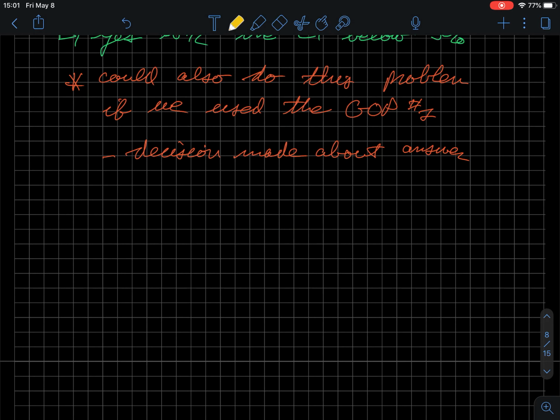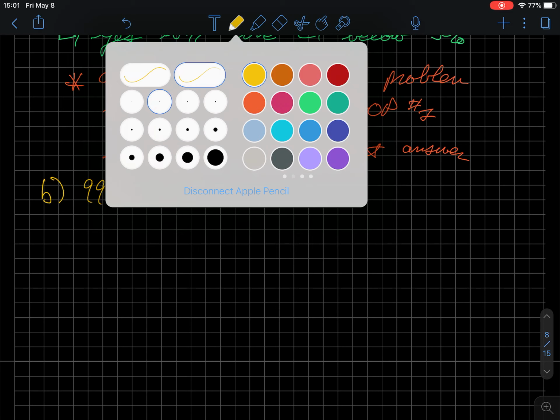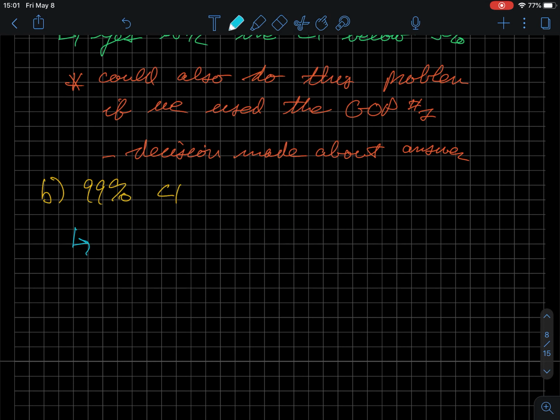So we have part B, which wants to know what happens if we had a 99% CI. The good news is that we don't need to solve a lot of this because we already did the work. We already know that the proportion we're estimating is 0.471, and the standard error is equal to 0.013. The only thing that's going to change is our confidence interval.